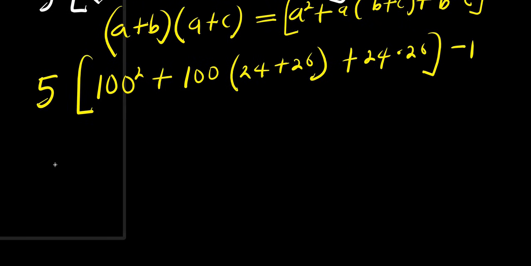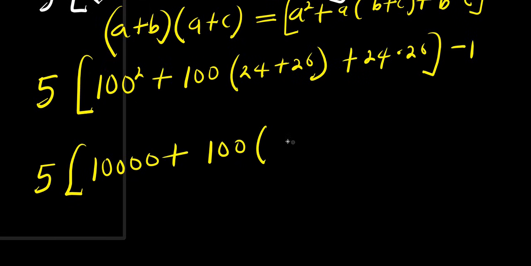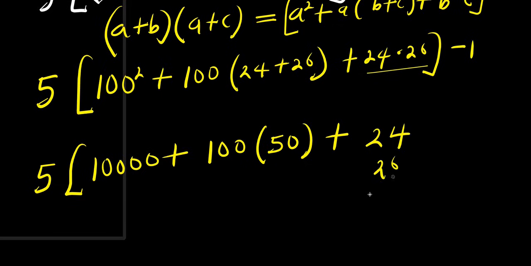So from here, I have 5 times, this is 10,000, plus 100 times this is 50, plus 24 times 26.